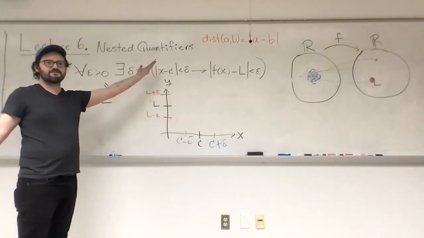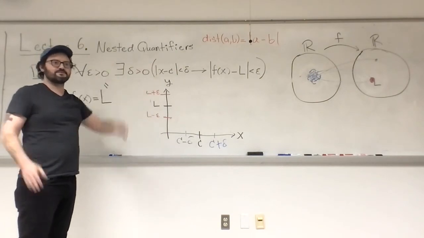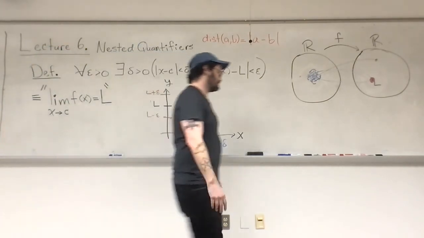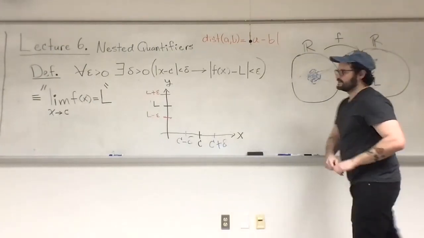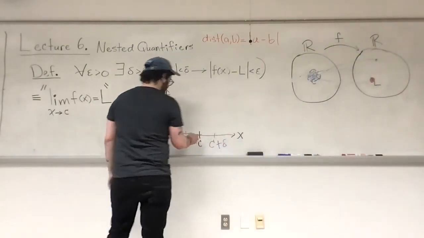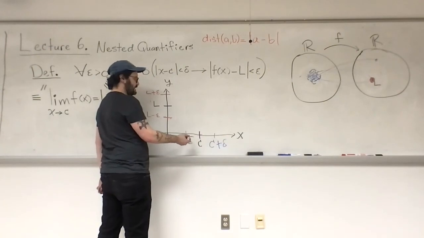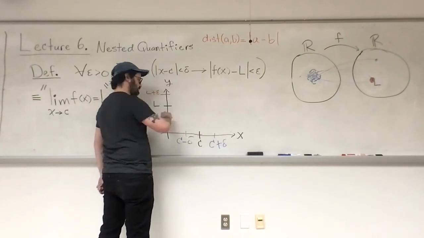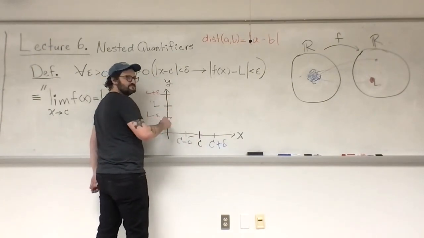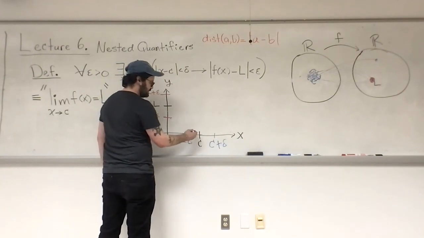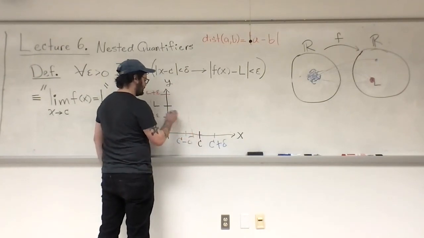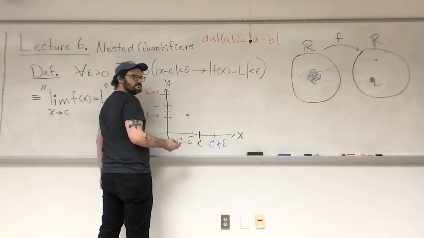And now we know what happens. We know what happens, right? Hopefully we do. Pick any number in here. The function's value has to be where? Somewhere in here, right? So I pick that number, it better be there.